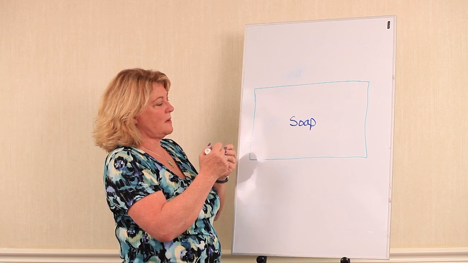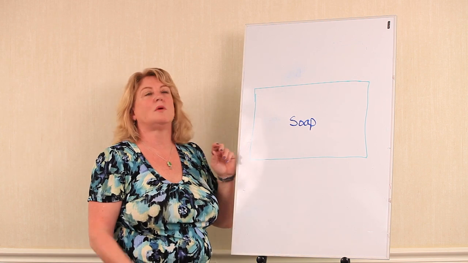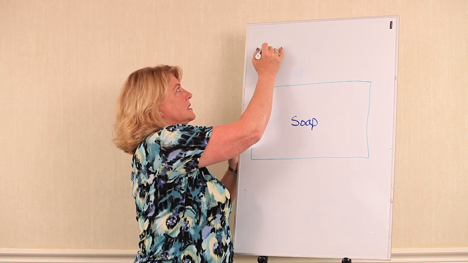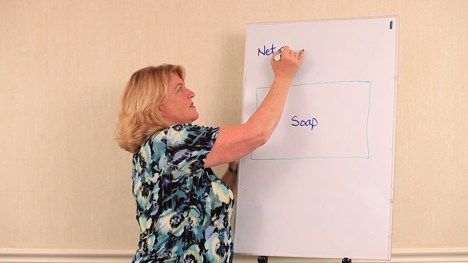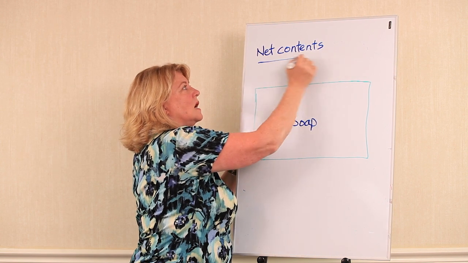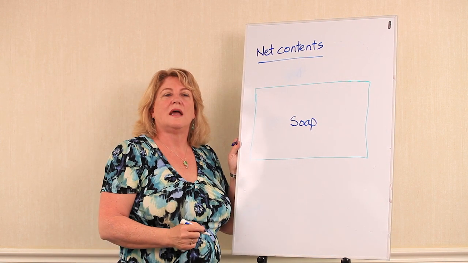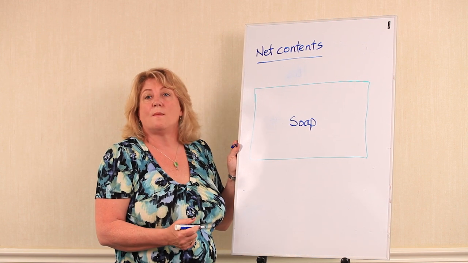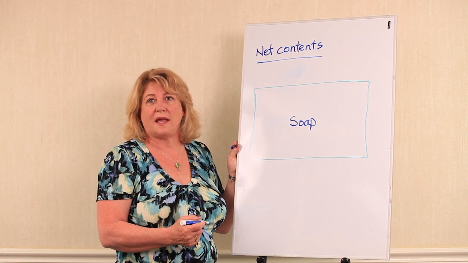That's the first requirement. The second requirement is that you must have the net contents. This is very important because this is how a consumer determines what the value is of the soap, or one of the ways. They have to know how much soap they're getting for the price they're paying.